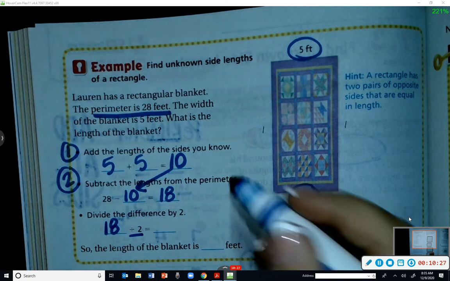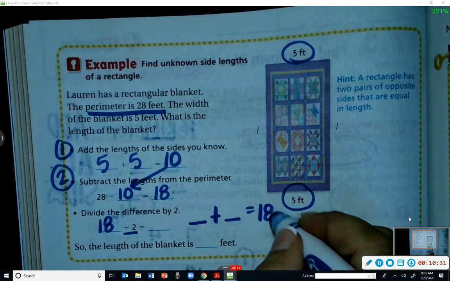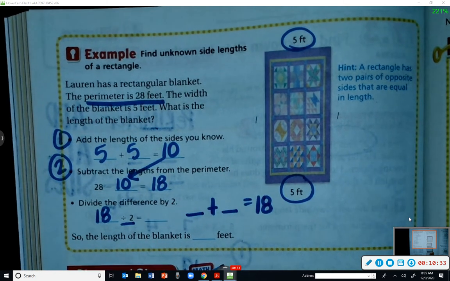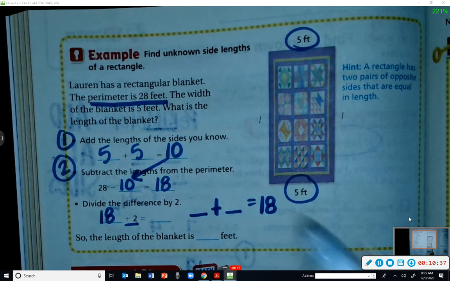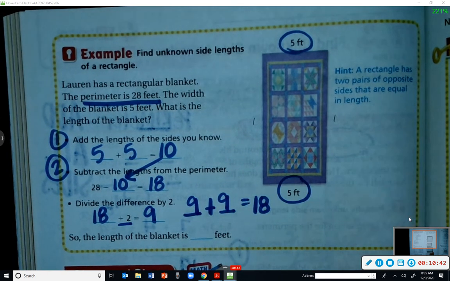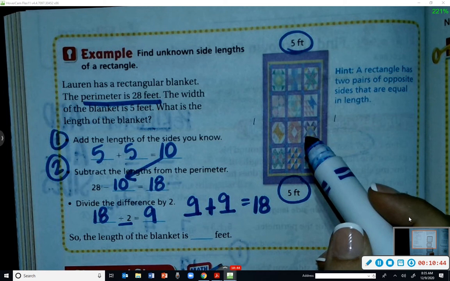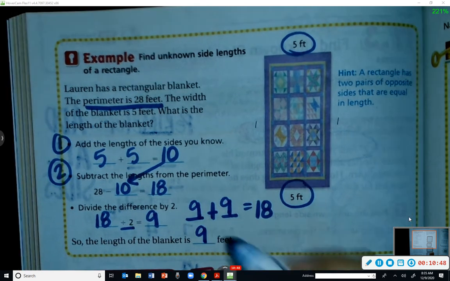Or you can think to yourself, what plus what equals 18? That's the same as dividing it in 2. It has to be the same number. So what would it be, Aaliyah? 9. Very good. So 9 plus 9 is 18. So that means the missing length of the blanket is 9 feet.